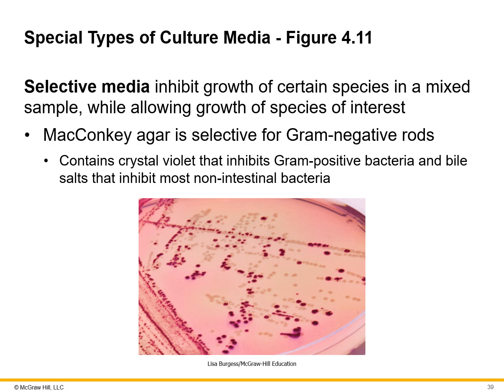So crystal violet, when it's used in the presence of growing bacteria, will actually inhibit gram-positive bacteria. And McConkey agar also has bile salts. And anything that can grow in that environment of bile salts means that it can grow in your intestines. So anything that cannot grow in bile salts, it's not going to allow to grow, because we don't care about them anyways, right? We're looking for specifically intestinal bacteria. So let's already eliminate any non-intestinal bacteria.